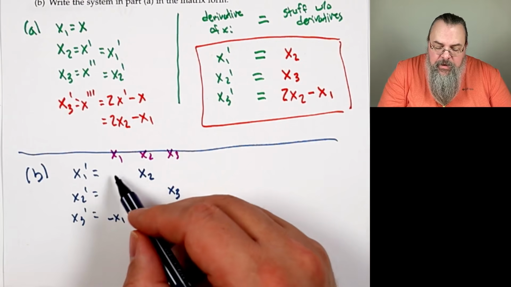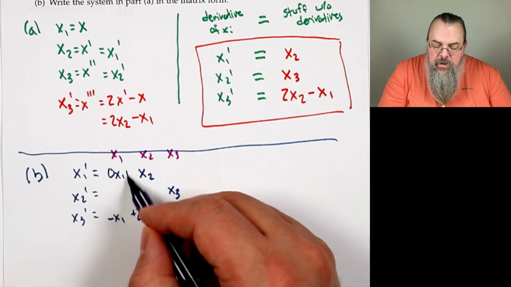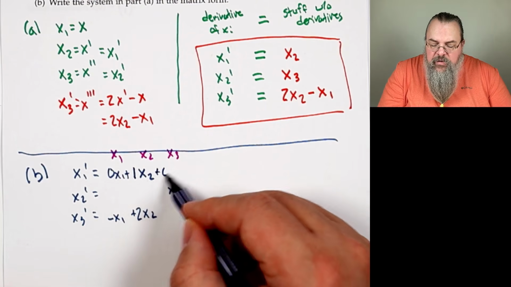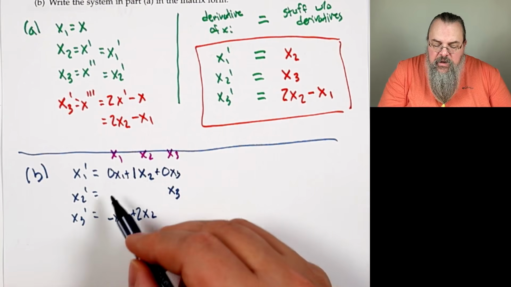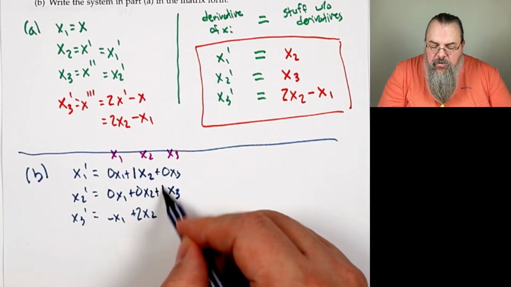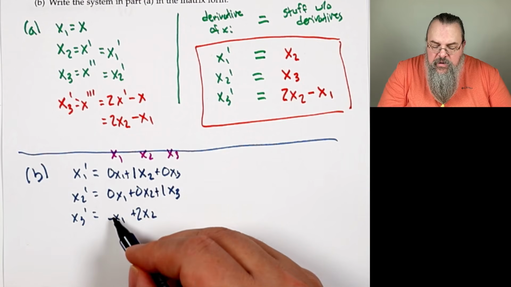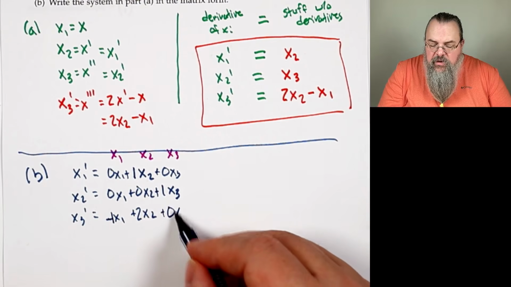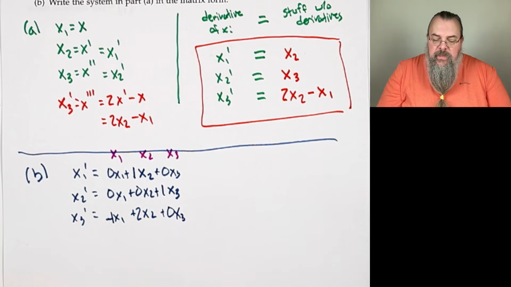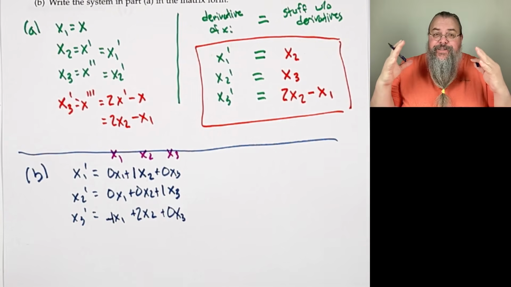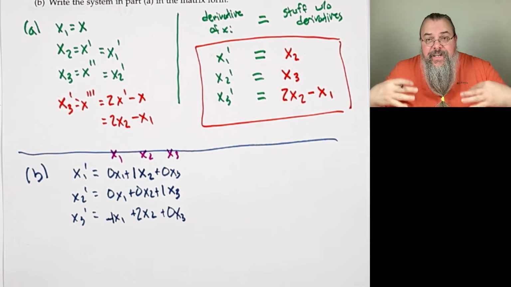The way you should think about it is there's a 0x1 plus a 1x2 plus a 0x3. Here there's a 0x1 plus a 0x2 plus a 1x3. Then there's minus 1x1 plus 2x2 plus 0x3. And what's going on is, what does a matrix represent in terms of a linear system?